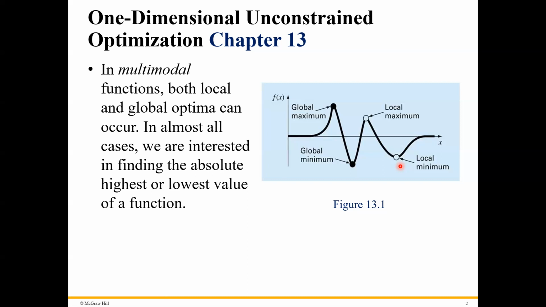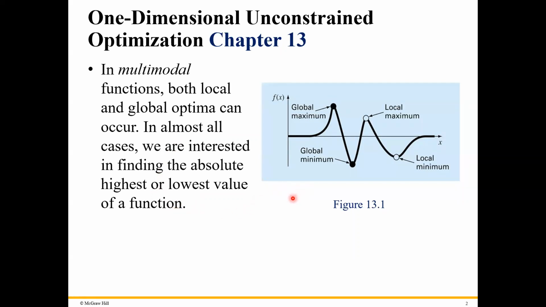Many functions are multimodal functions. In those, both local and global optima, that is local and global maximum and minimum points, will exist. In almost all cases, we are interested in finding the absolute highest or lowest value of a function.